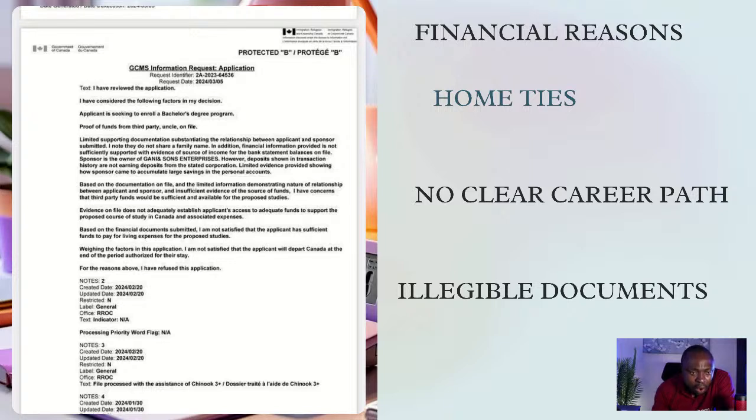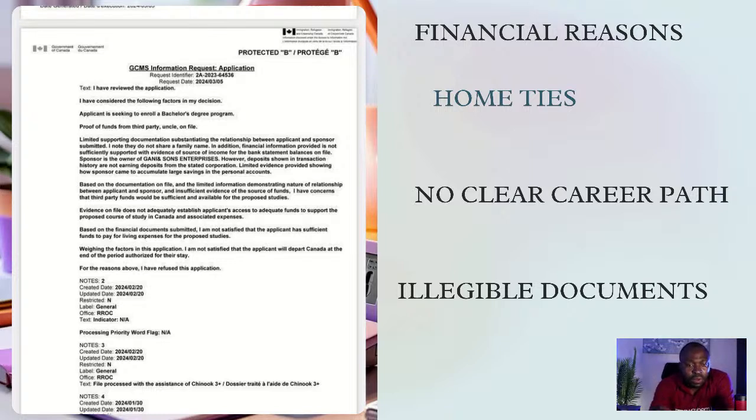Based on financial documents submitted, I am not satisfied that the applicant has sufficient funds to pay for living expenses for the proposed study. Weighing the factors in this application, I am not satisfied that the applicant will depart Canada at the end of the period authorized for their stay.